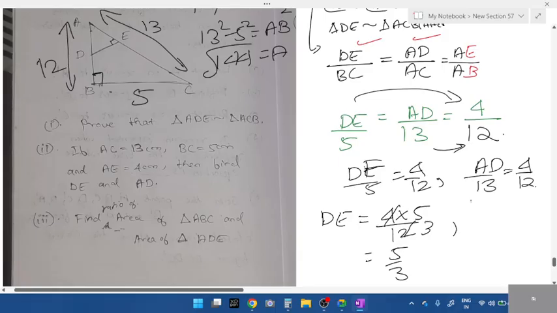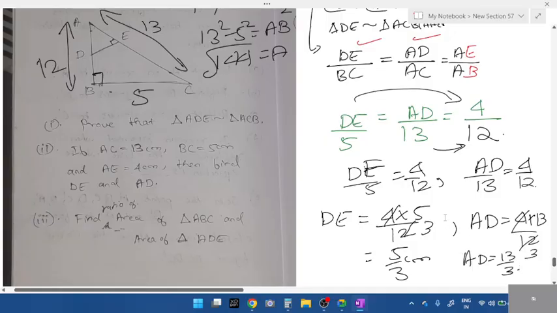What did you all get? AD is equal to 4 into 13 divided by 12. Are you all getting 13 divided by 3? Okay, these are the two answers. Convert into decimal or just leave it as it is, students. Converted into mixed form, 4 1 by 3. Okay, this is how you solve.